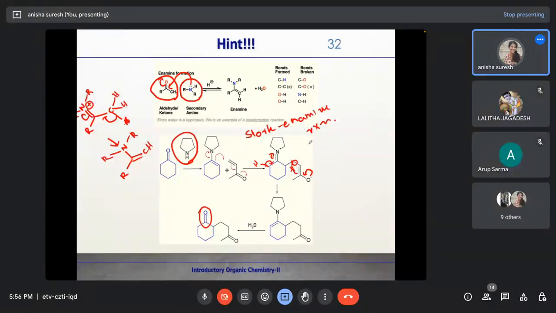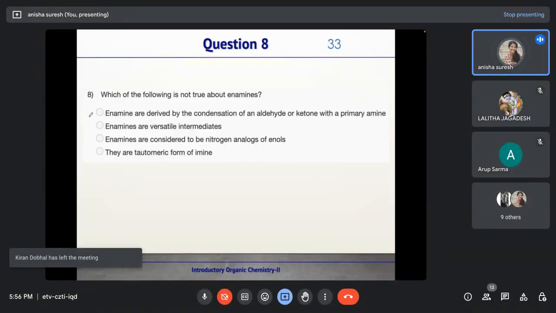Is this clear? Why is the first option not true? Because enamines are derived by the condensation of an aldehyde or ketone with a secondary amine. Imines can form if there is a primary amine as well, but enamines will not form. Okay.